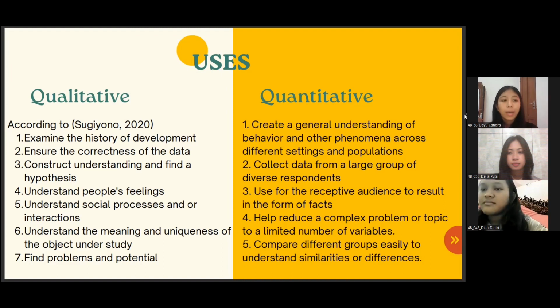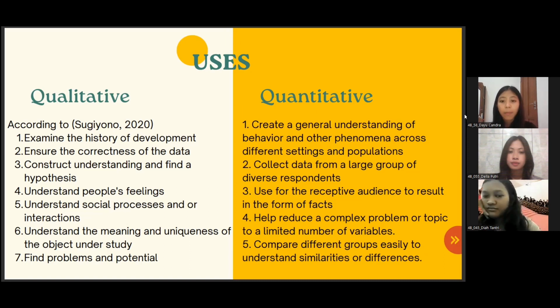Well, thank you. So now I will explain the uses of quantitative. According to the definition of quantitative that we explained before, we can use a quantitative approach to measure the percentage. So we can use quantitative research to, first, create a general understanding of behavior and other phenomena across different settings and populations.